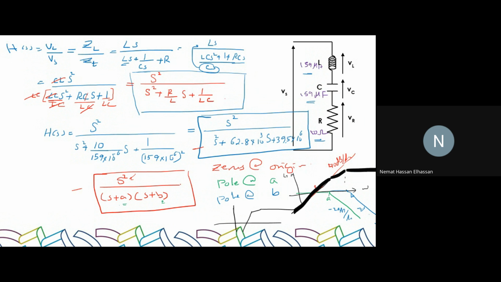So what type of filter does it implement? Which one is that? Low pass or high pass? High pass. So when the output is from VL, what we have is a high pass filter based on this transfer function. So can you repeat the exact same process for the capacitor and the resistor?